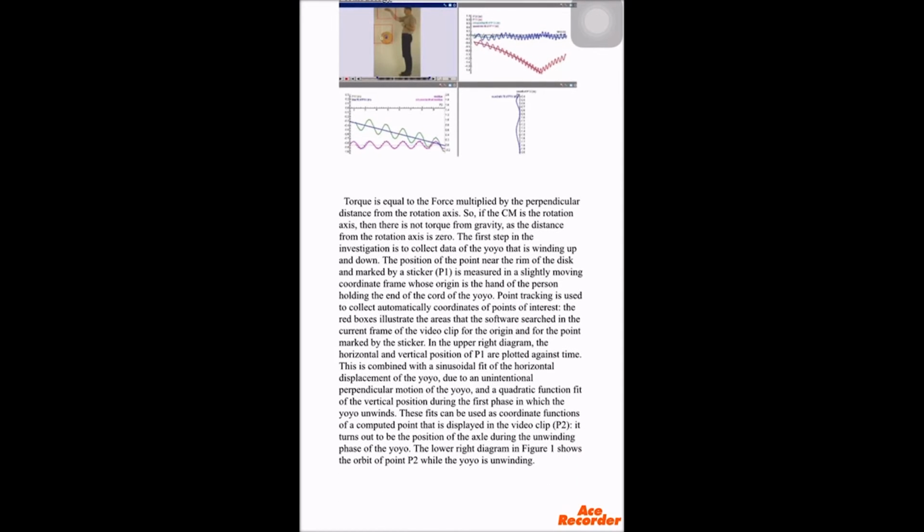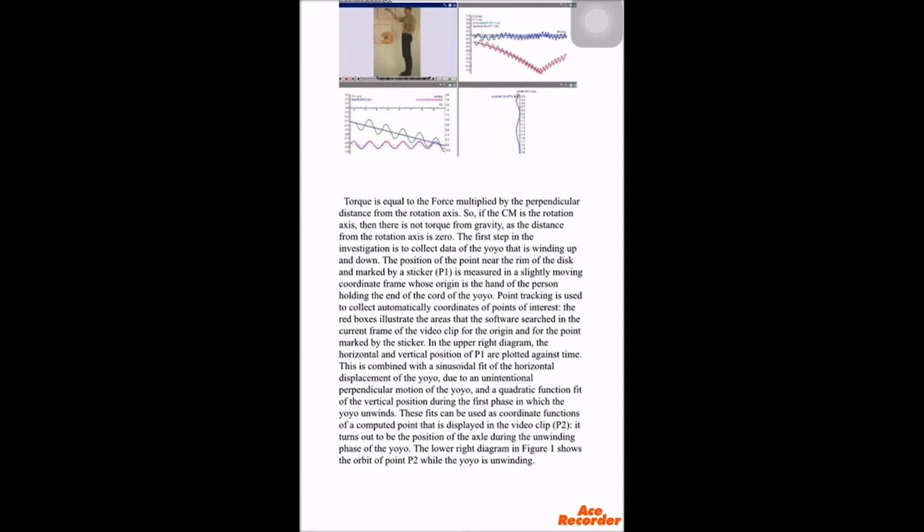Point tracking is used to collect automatically the coordinates of the point of interest. The red boxes illustrate the area the software searches in the current frame of the video clip for the origin and for the point marked by the sticker. In the upper right diagram, the horizontal and vertical positions of P1 are plotted against time.